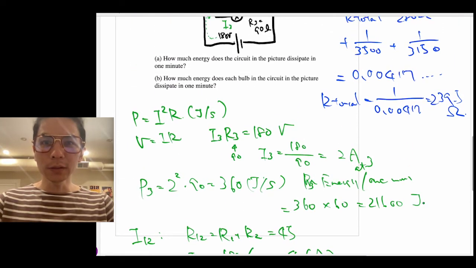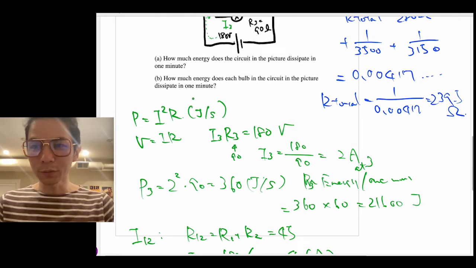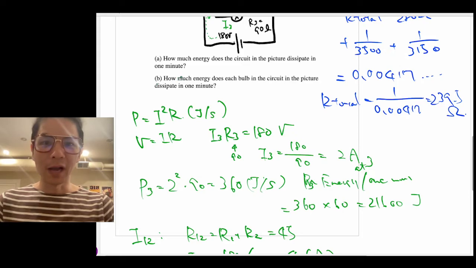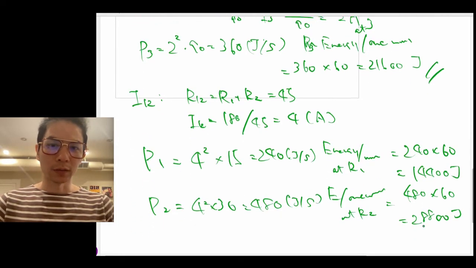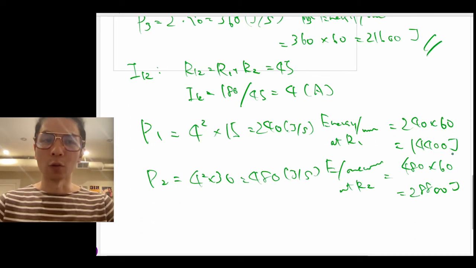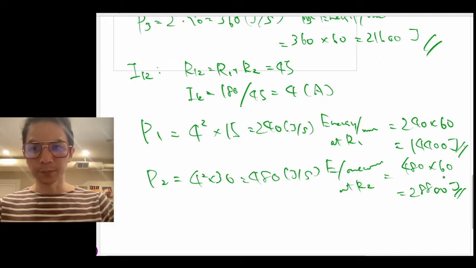So basically what we did is part B, how much energy at each bulb in the electronic circuit in the picture dissipates in 1 minute. So at R3, you're going to dissipate this amount of energy, and at R1 and R2, you're going to dissipate this amount of energy respectively.